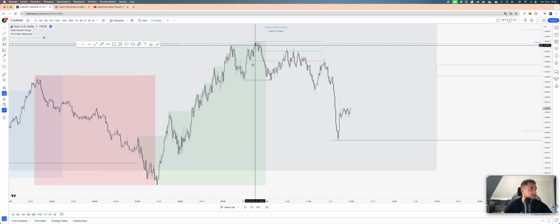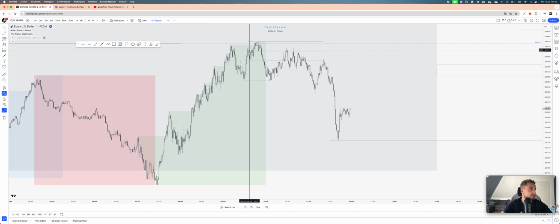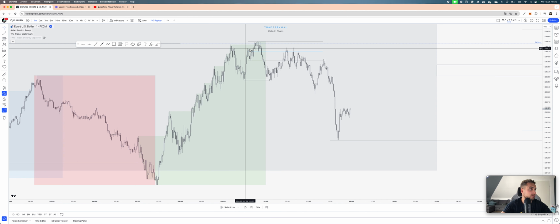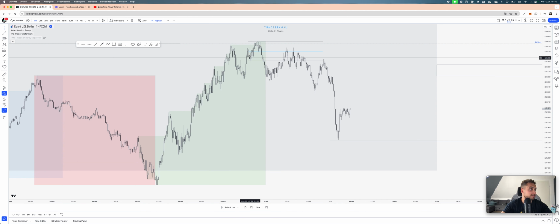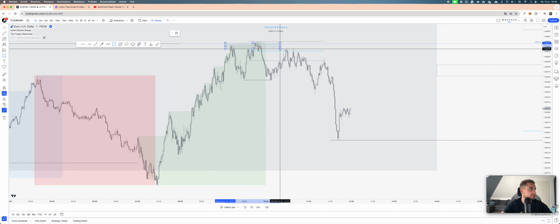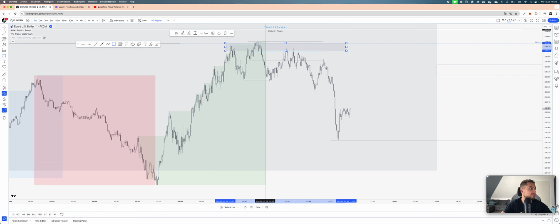We get a nice slowdown. So here we get up here. Price goes lower, so inducing slightly more sellers into the market. Sort of a support and resistance zone, as you can see there.